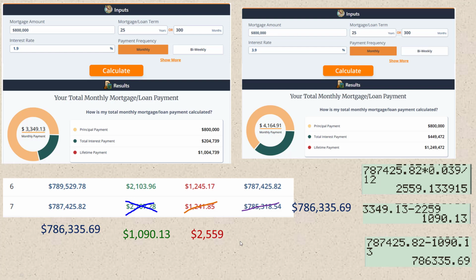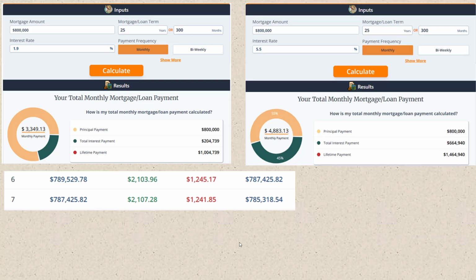Okay. Now, so this last example on the next page is something that actually has happened to people. Okay. So this is kind of scary if you have a mortgage, a variable rate mortgage. So let's say instead of 3.9%, let's say the rate jumped up to 5.5.